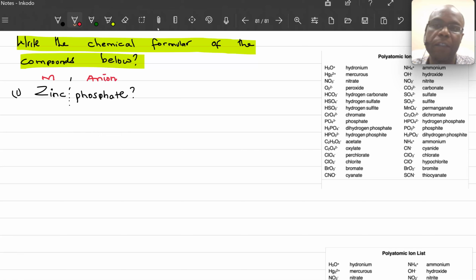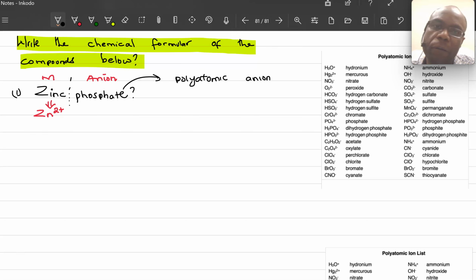You know, the anion can be the nonmetal or polyatomic anion. So we can firstly do that. I know that zinc, by default, is always zinc 2 plus. It never has any other charge. I don't need to use the Roman numerals. Phosphate, on the other hand, from the notes, we know that that one is a polyatomic anion.